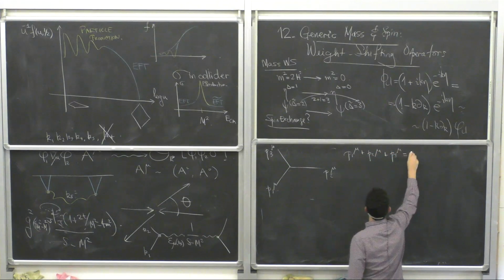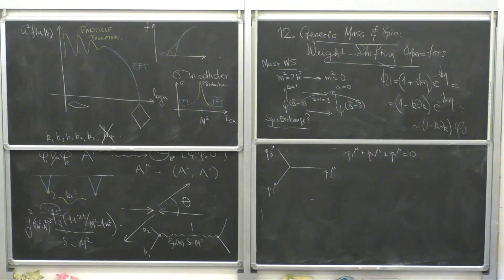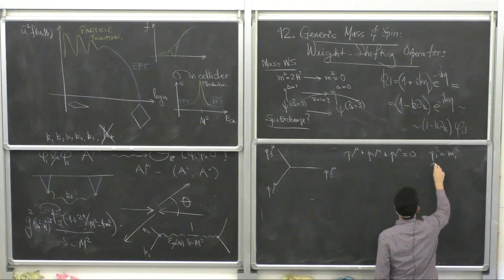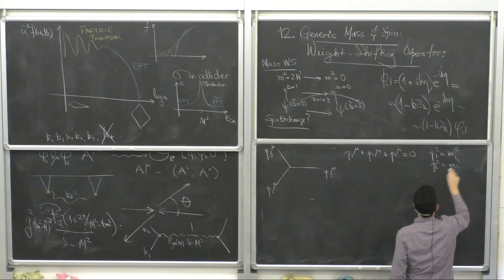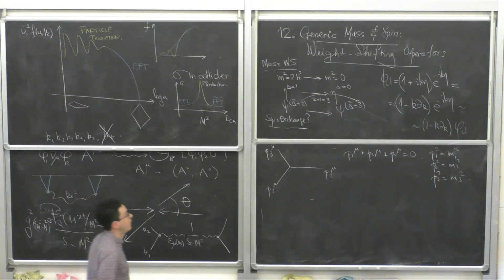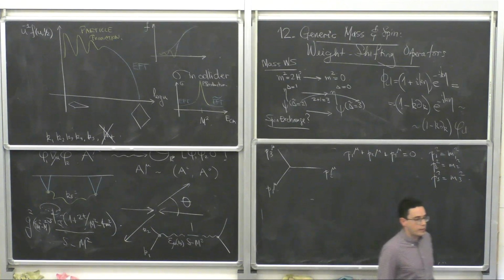But you can build Lorentz invariants, no? So what is the scattering amplitude? P1 squared equals M1 squared, P2 squared equals M2 squared. So how many scattering amplitudes can you build? 1, 2, 3, infinity, 0, half, e to the i theta.